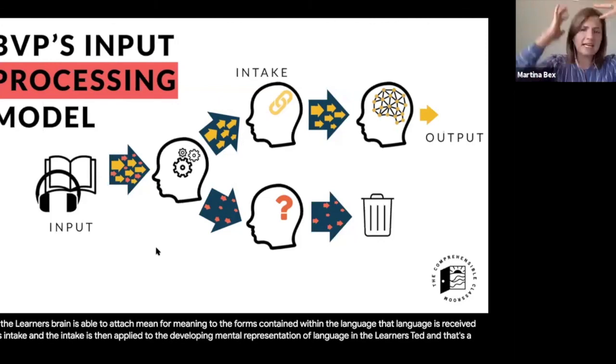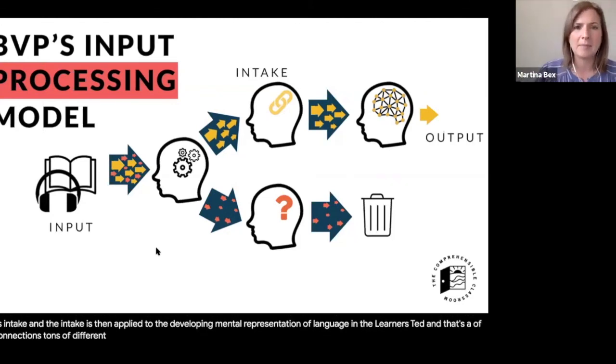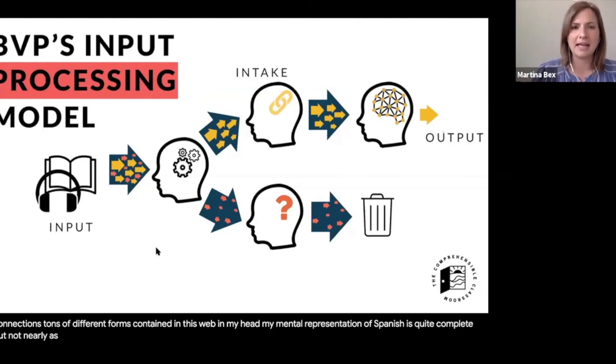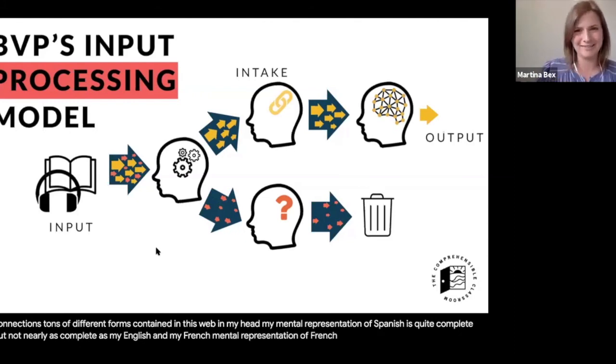So I have tons of connections, tons of different forms contained in this web in my head. My mental representation of Spanish is quite complete, but not nearly as complete as my English. And my mental representation of French is, well, it's emerging. There's a few connections in there.